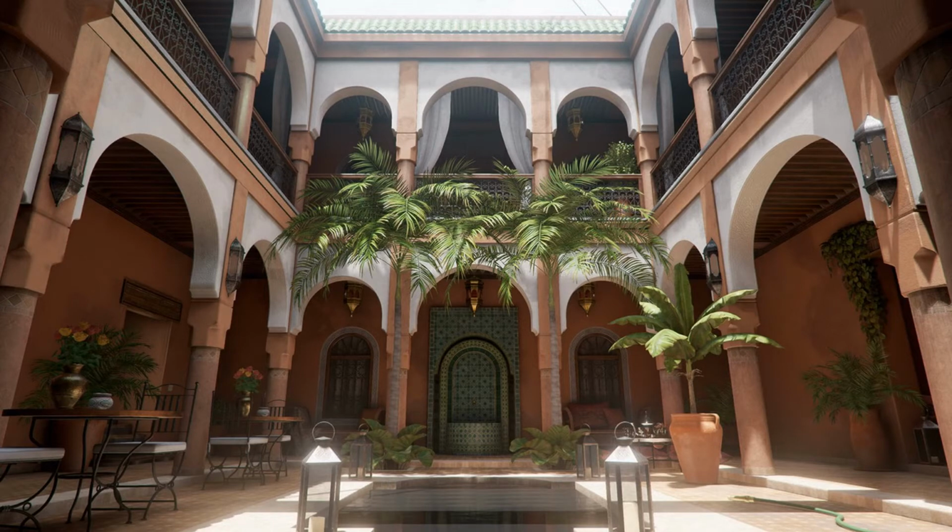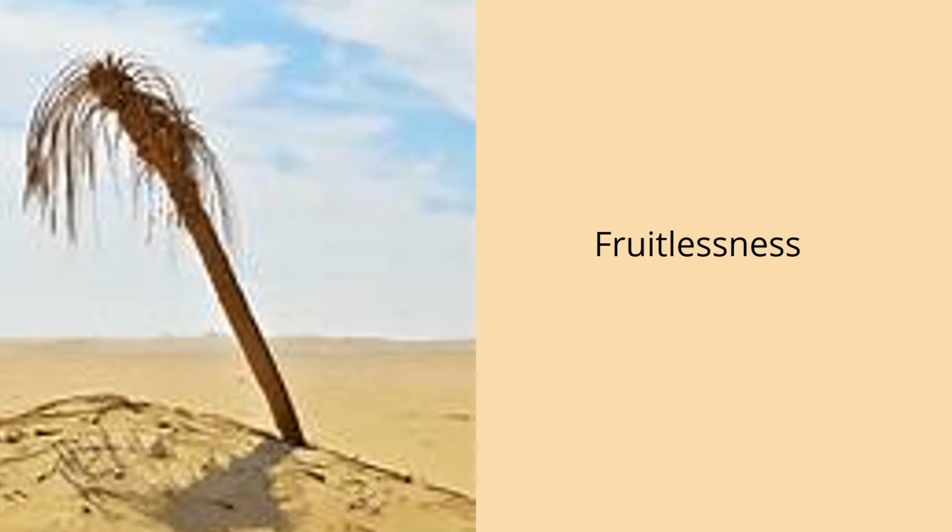In the beginning, we see the palm tree in the Haveli of Mir Nihal. The palm tree has green leaves. That is a symbol of life, of youth, of survival. But the same palm tree is later shown as a fruitless, leafless tree.